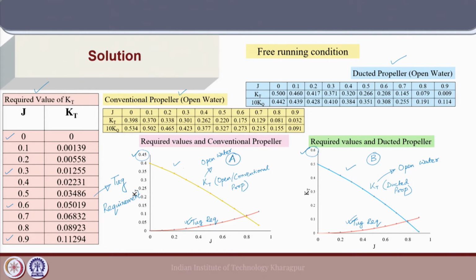So, for case A, this is the intersection point, and for case B, this is the intersection point where the KT requirement from the tug and the KT provided by the propeller intersect, and that will be the free running point for the tug. Now, at that free running point, the calculation of powering should be done for each of these individual propeller cases.